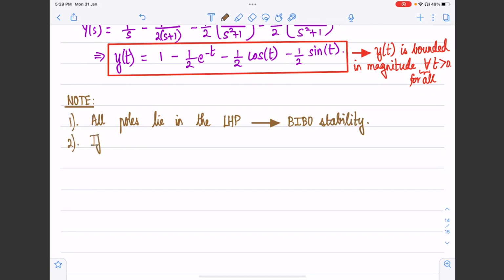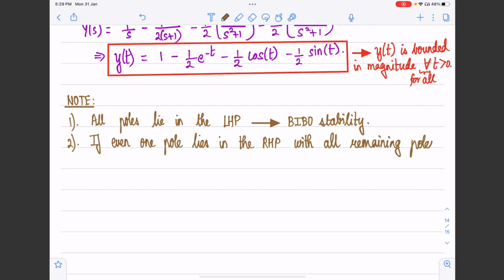If even one pole of the system transfer function lies in the RHP, with all remaining poles in the LHP, the system is unstable.